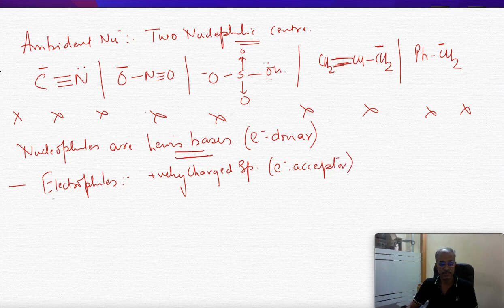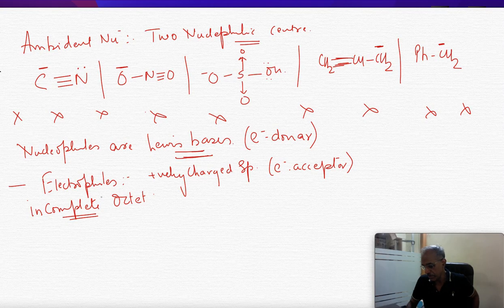They are Lewis acids. Nucleophile was a complete octet, but electrophile is an incomplete octet.